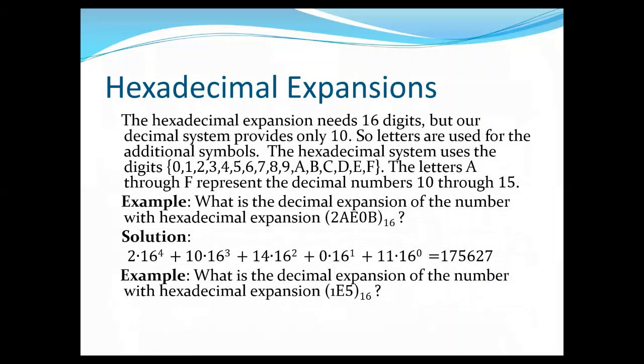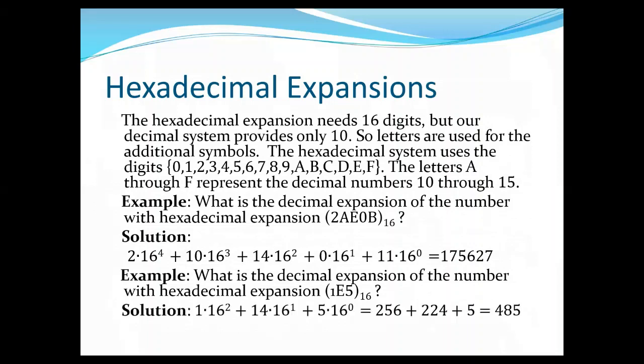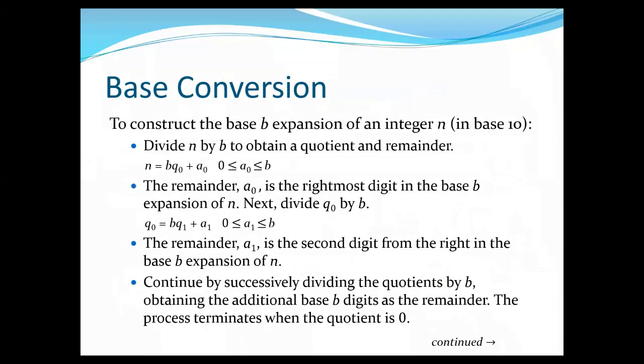B is 11, E is 14, A is 10. After multiplying, get the sum, and that's the equivalent. And for 1E5, this is the equation, and this is the solution. Again, E is 14. Multiply each positional value by its corresponding digit, and then get the sum. That will be the equivalent in decimal.